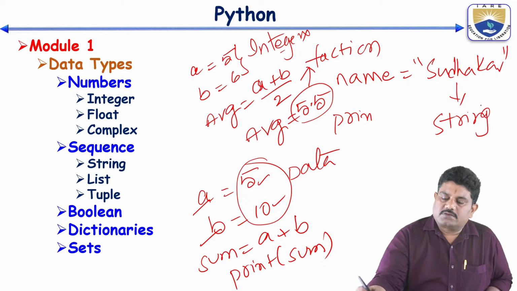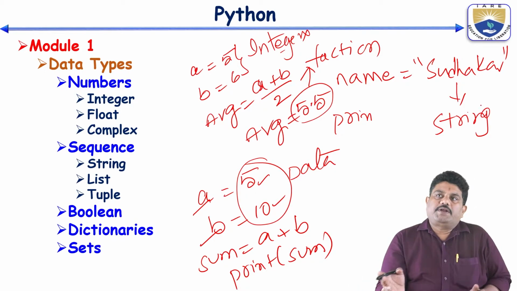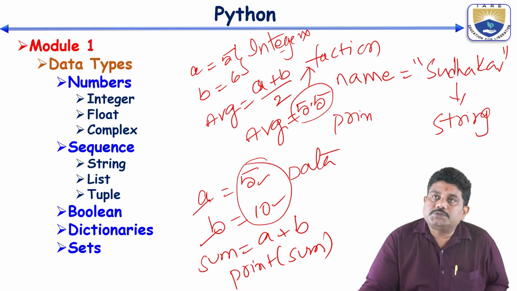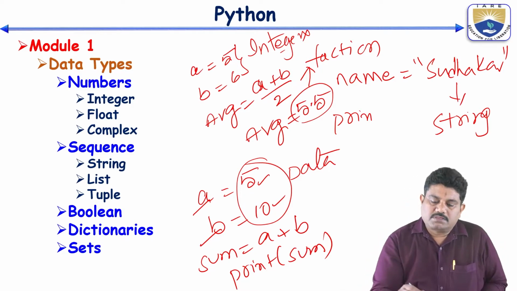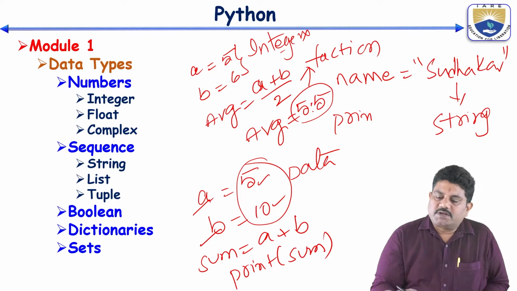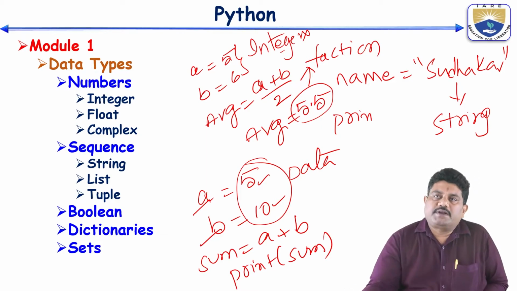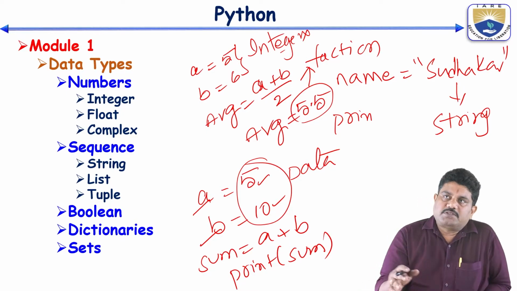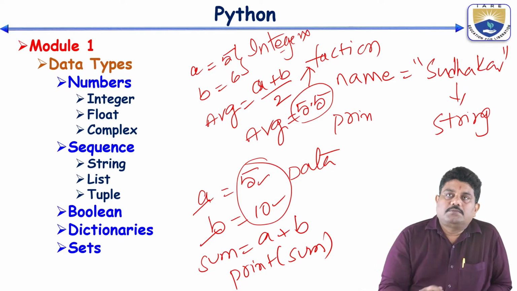See, you are providing different types of values as input to the program. In this case, we provided numbers. Here also numbers we provided. Here numbers with fractions we provided. Here strings we provided. Like that, we can provide different types of values as input to the program.